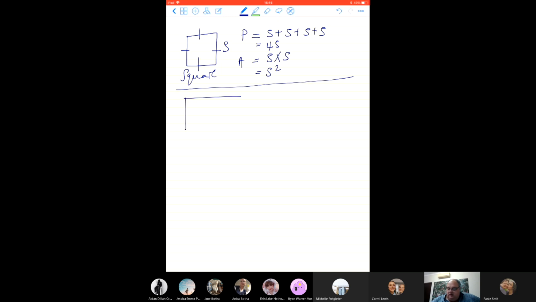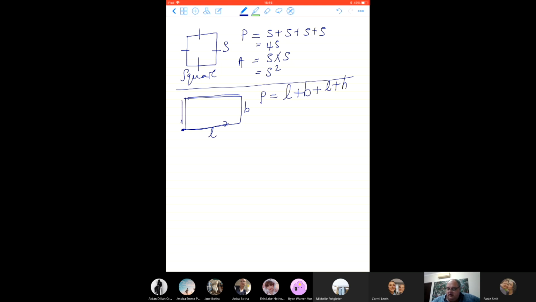You also need to know that for a rectangle, for example, let's say this is length and this is breadth. If I work out perimeter, just add them up. I'm starting to walk from here all the way to there, so it's going to be length, plus breadth, plus I'm going to be walking around to the length again, and then breadth again.